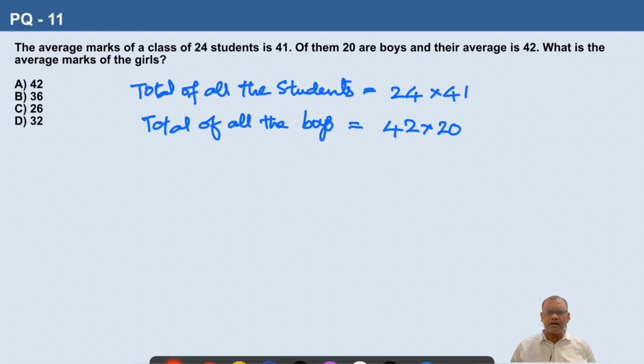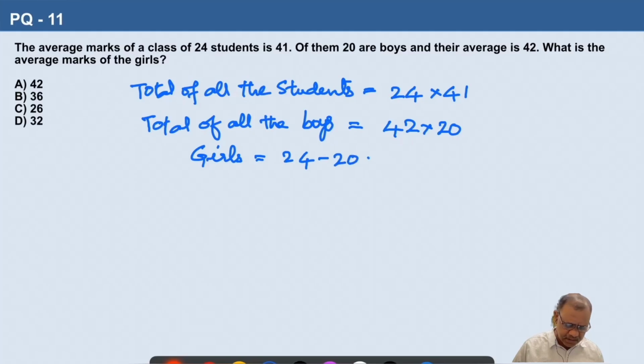The remaining are girls. What is the total number of girls here? Girls are 24 minus 20, so there are 4 girls. Let us find out the difference between the total of all the students and the total of all the boys.